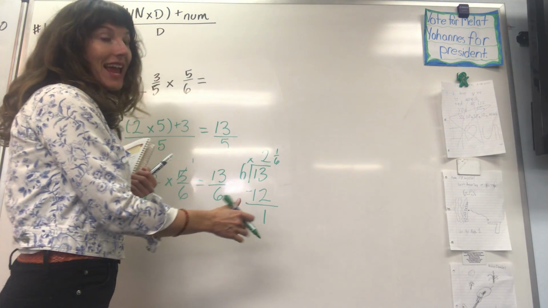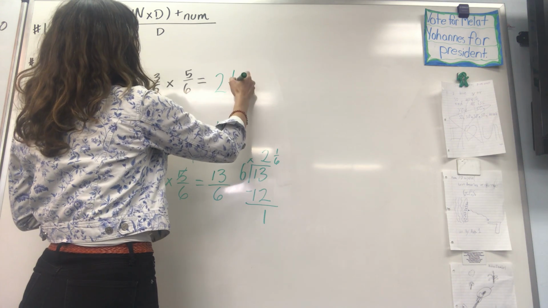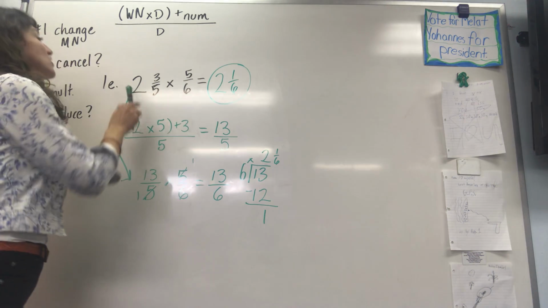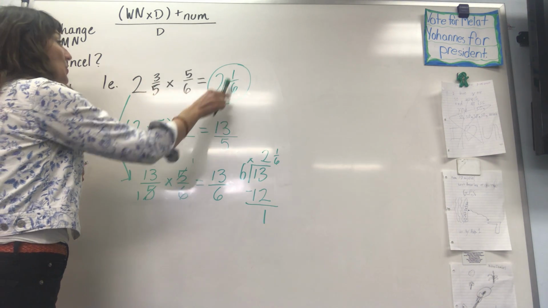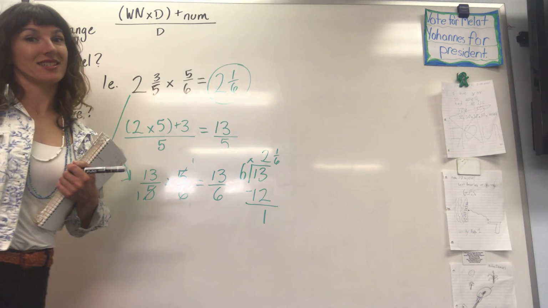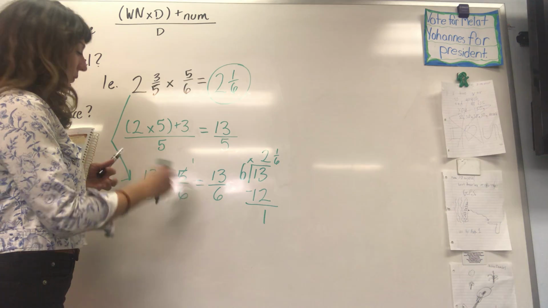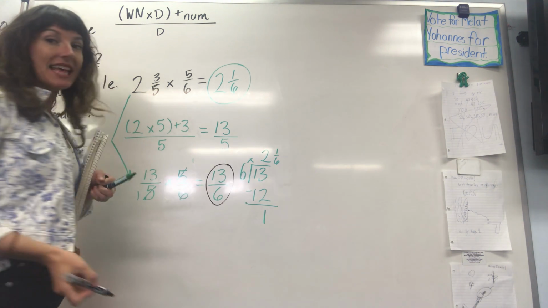So your final answer is this mixed number, 2 1/6. Okay, what is 2 3/5 times 5/6? It is 2 1/6.